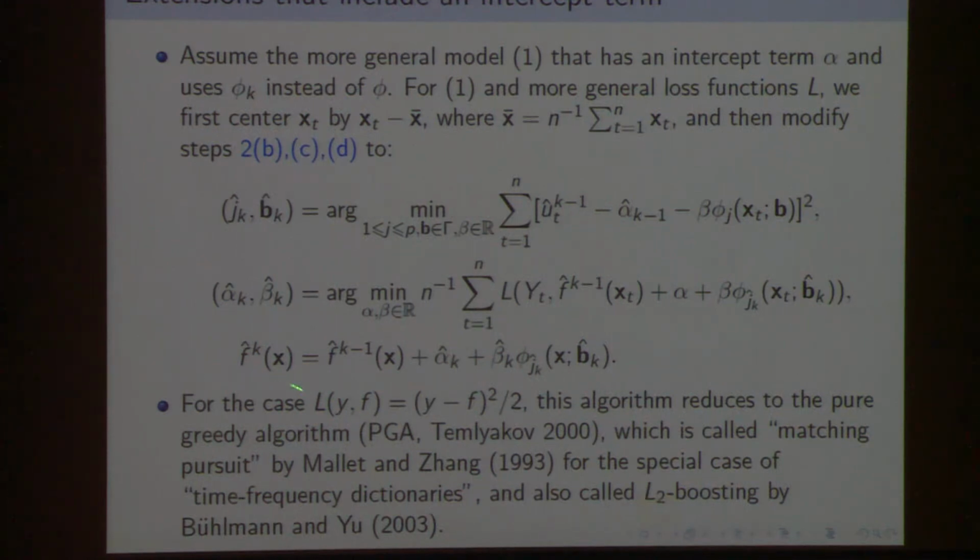So for this loss function, without this b, you just have phi_j(x). This really reduces to what is called matching pursuit of Mallat and Zhang, for the special case of time-frequency dictionaries. Temlyakov, whom I will refer to in a moment, called this the pure greedy algorithm. This has also been called L2 boosting by Bühlmann and Yu.